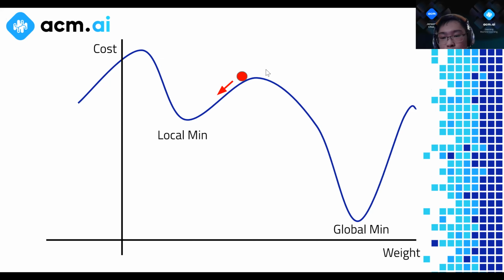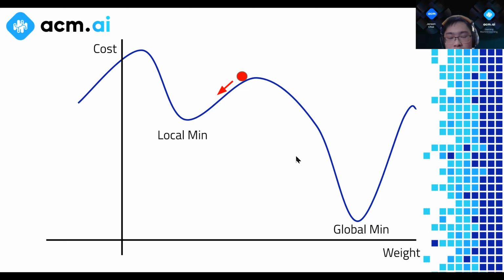But if we're doing mini batch gradient descent, then sometimes we might actually end up at the global minimum to the right, because we're taking the gradients with respect to only a subset of our data set. That might cause our loss to move to the right, even though that increases the overall cost for our network.